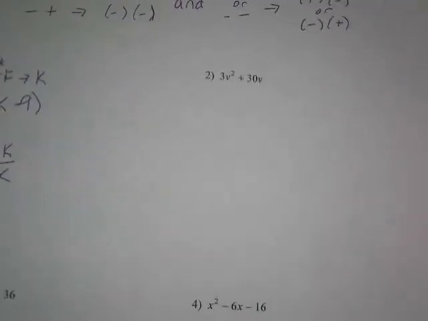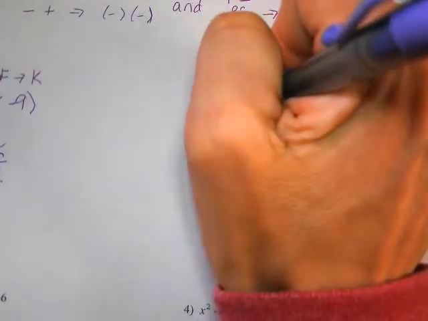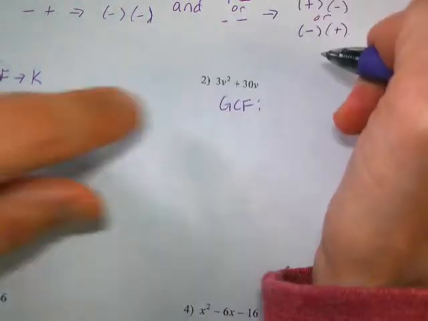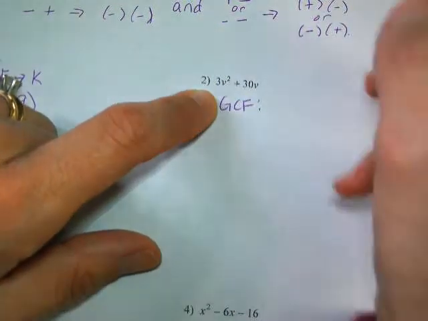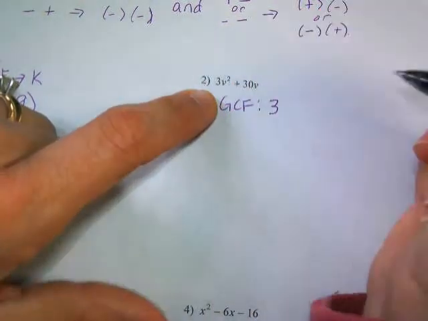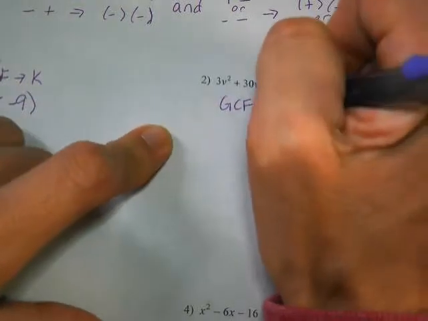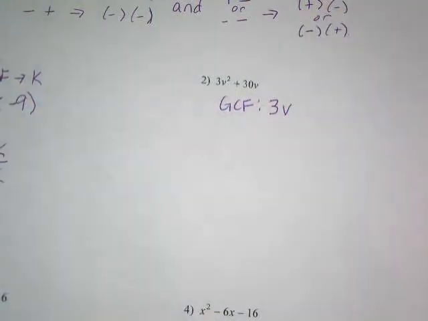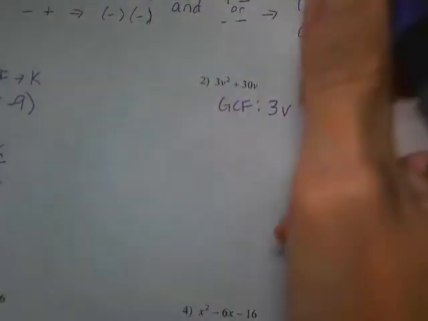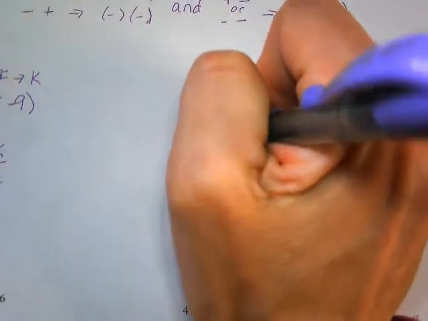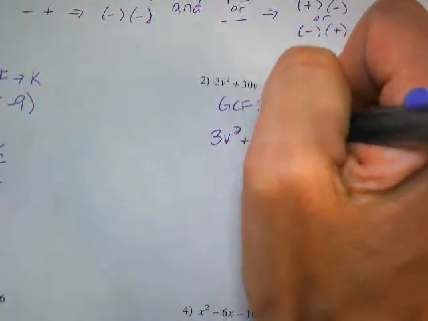So for number 2, our GCF here, we do have a 3 and a 30. We could factor out a 3 from both of those. And then we've got a v squared and a v, so I can take one v out. So our GCF is 3v. And then maybe what I'll do on this one is show you.